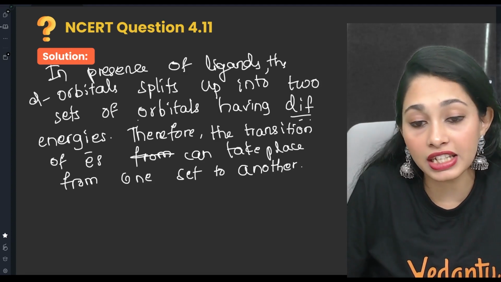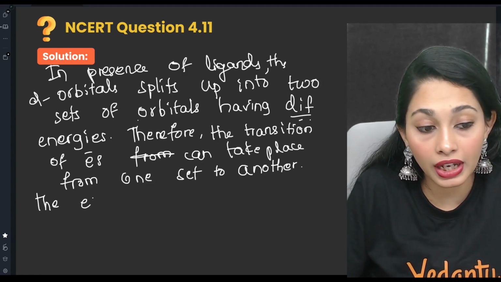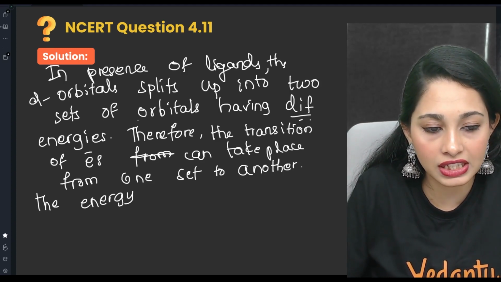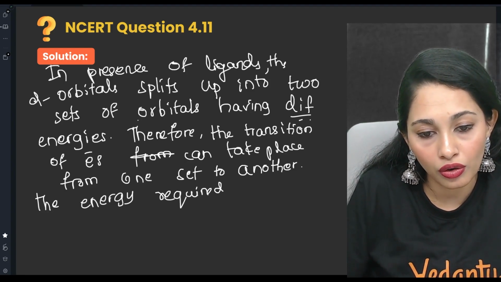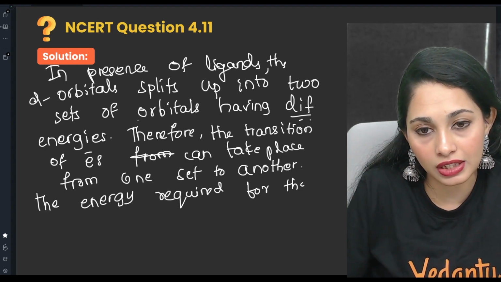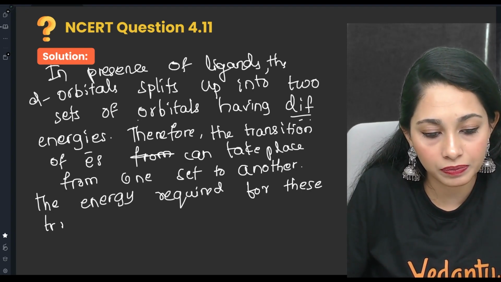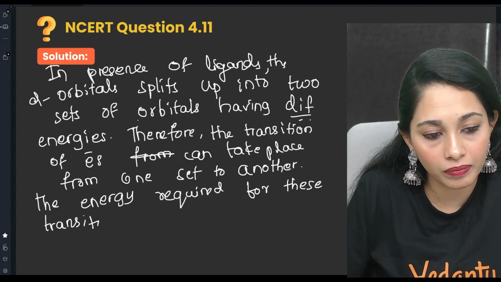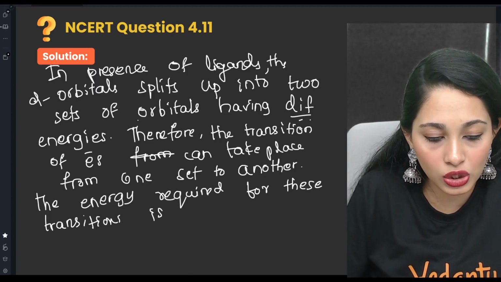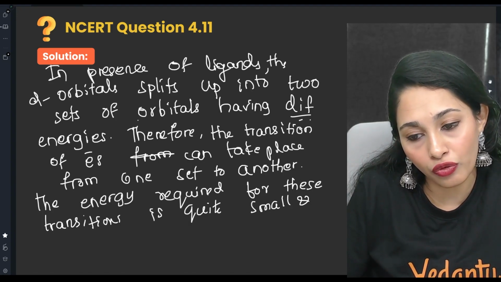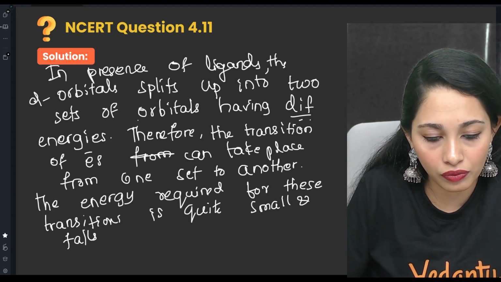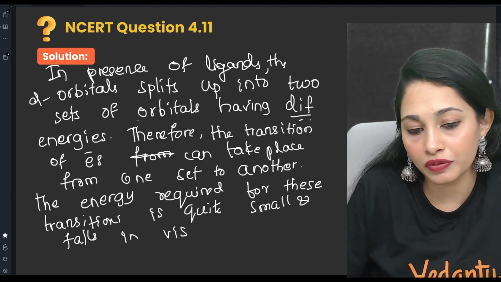The energy that is required for these transitions is quite small and falls in the visible region of the radiation.